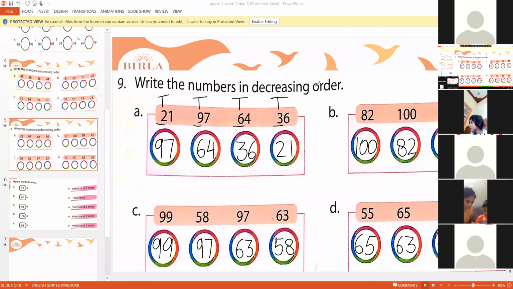Today's date is 27. Write the date and classwork at the top of the page.